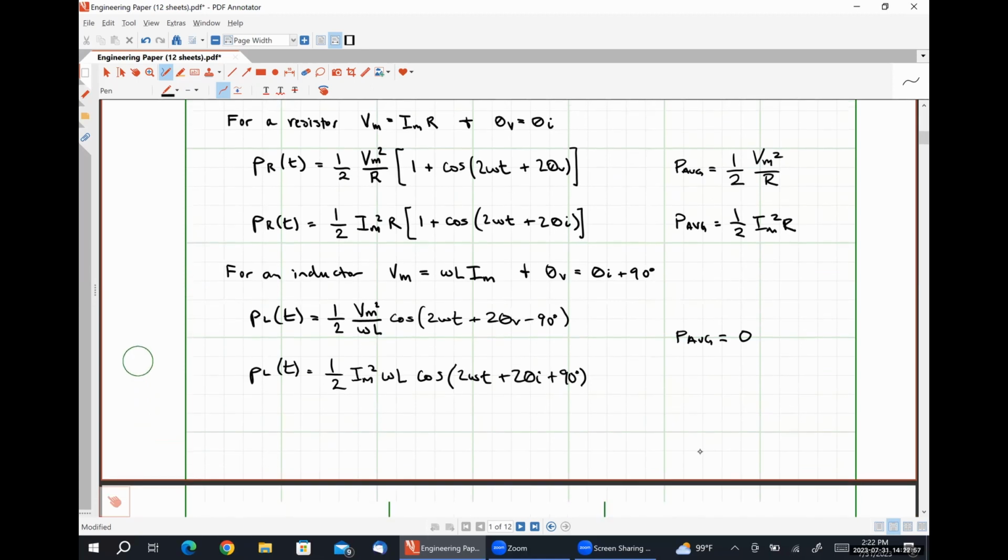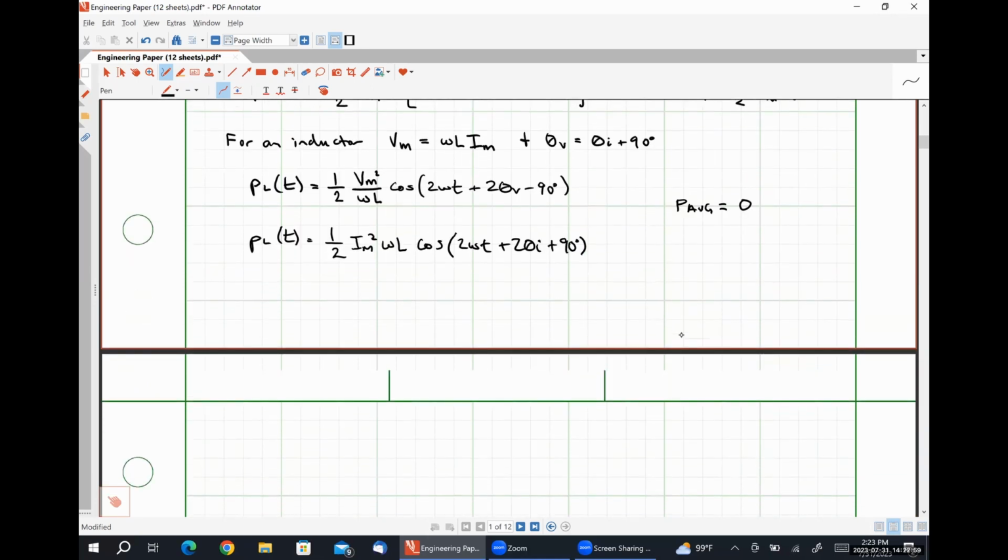For a capacitor, we have the relationships Im is equal to omega C times Vm, and we have theta I is equal to theta V plus 90 degrees.